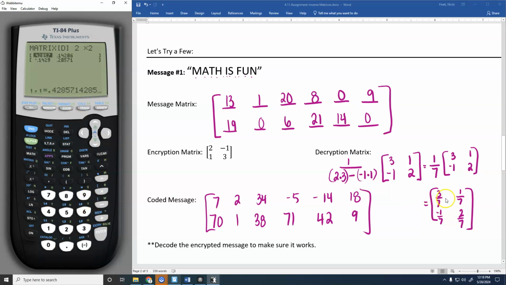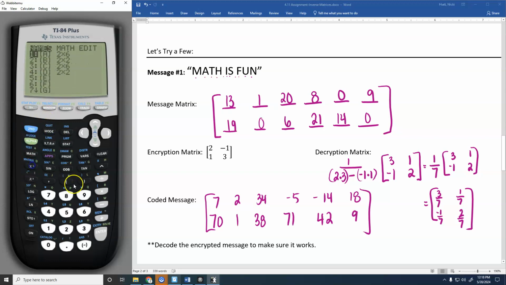But when you type in 3/7, you'll just do 3 divided by 7. And when you hit enter, it'll change it to a decimal for you. And then you'll type in the others. So you'll get that matrix there. And then, just quick, go back to the main screen.